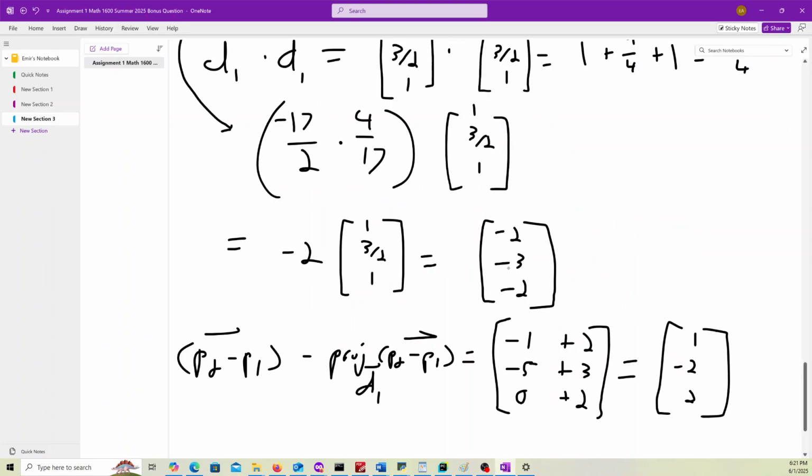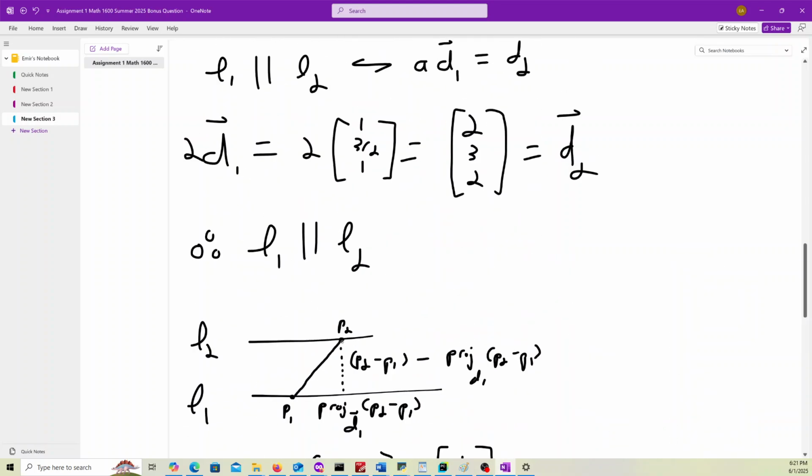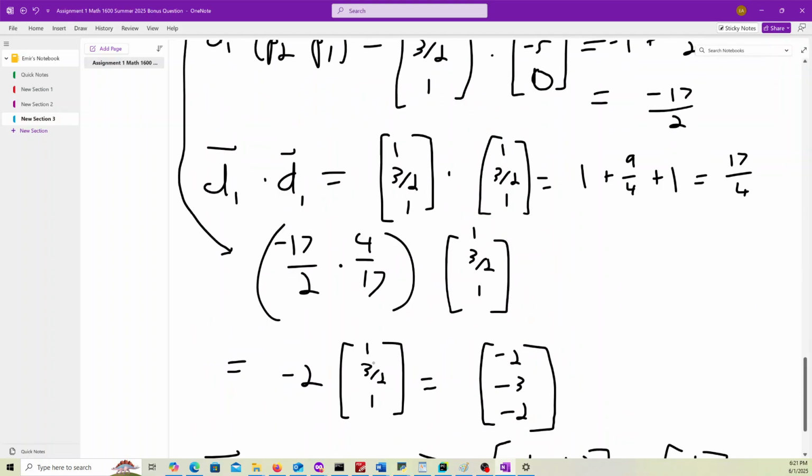Okay. And so that is this vector, but the question is, what is the magnitude of this vector? How far are line 2 and line 1 from one another?